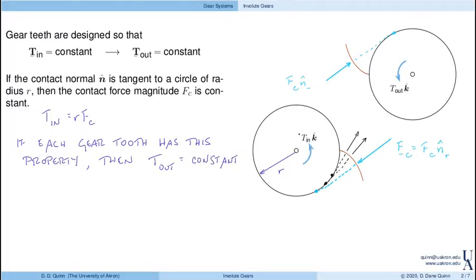Because Tn is constant, the contact force is constant. So over here, the contact force acting on the output gear is constant. The radius is constant, which means that the output torque is constant.